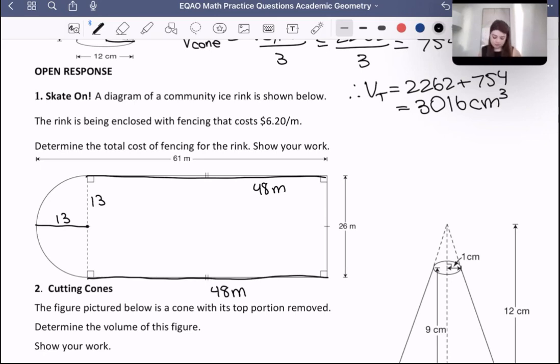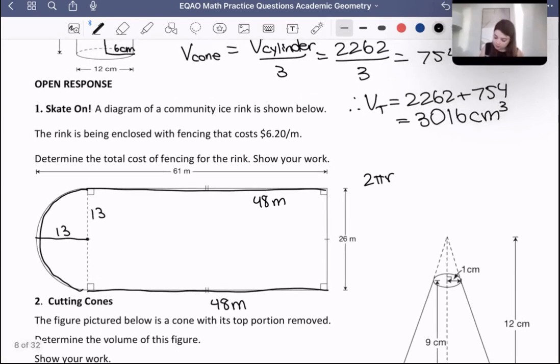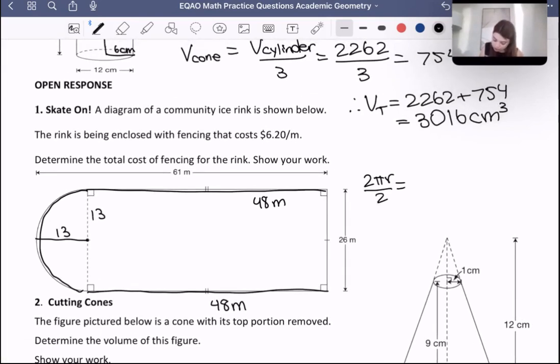Okay, awesome. Now we also need to know what is the circumference of this semicircle? Well, we know that the circumference of a circle is pi 2r, right? So 2 pi r is the circumference of a full circle. So of a semicircle, it would be 2 pi r over 2, which is just pi r.